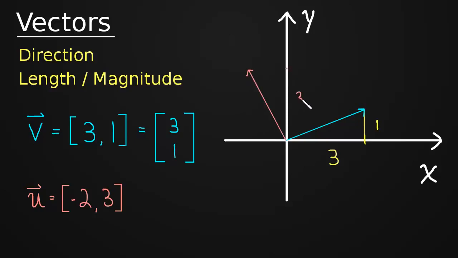So this would be 3 in y and negative 2 in the x direction. And there's our vector. Nothing to it. And of course, we could have written this as a column vector, negative 2, 3, if we wanted to.